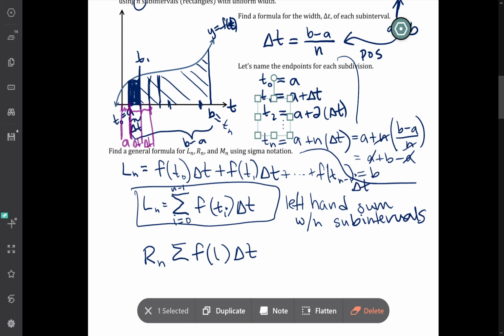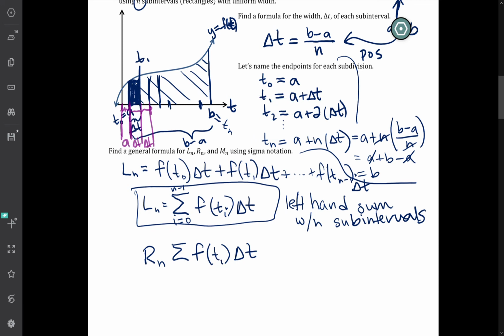We'll use i still because it means the exact same thing. So this time I'm still going to use the t values, but I'm going to start at t sub 1 and I'm going to stop at t sub n. I get to go all the way to the very last one this time. And that's a right-hand sum, also with n subintervals.